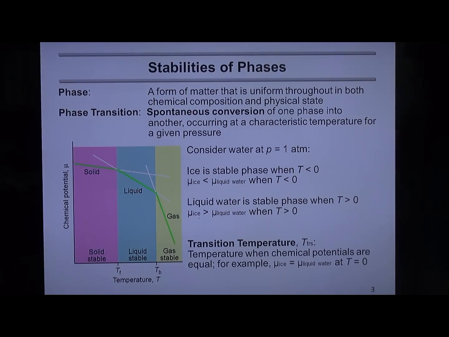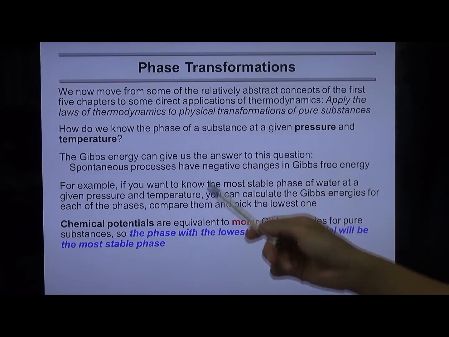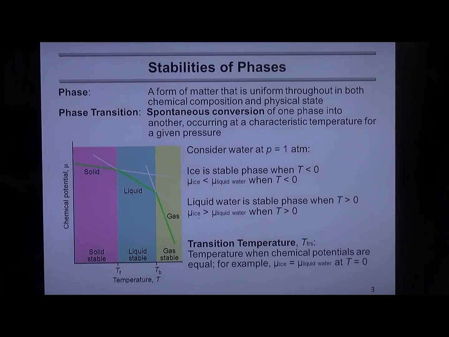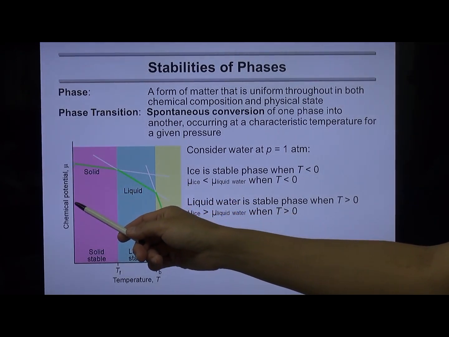Alright. So, from the previous slide, to determine the most stable phase at a given pressure and temperature, we needed to compare chemical potential, and chemical potential is basically the molar Gibbs energy of a pure substance.